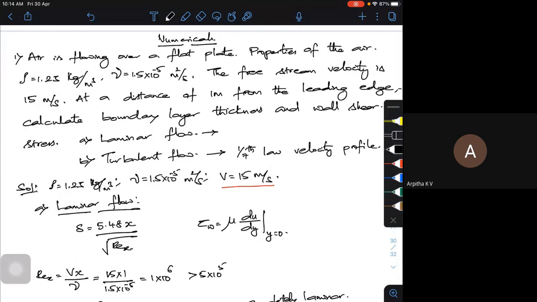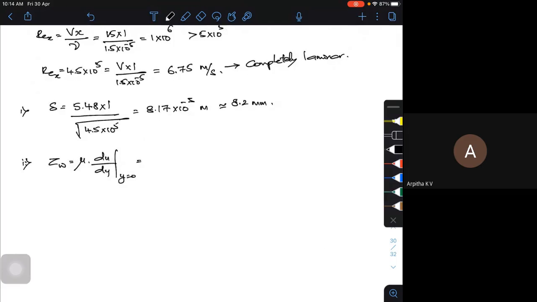If you go back and see, we have this equation where u by u infinity is given by, so this equation is there already. If you go back and see in the boundary layer equation, this is given by u by u infinity, where eta is equal to y by delta. So there is a transformation.